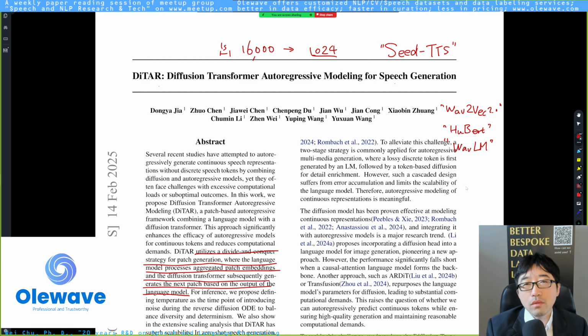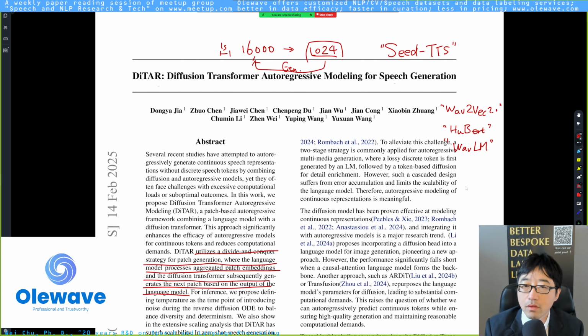There's no clear understanding of exactly what fine-grained information was thrown away, but when people try to use these tokens to go back to the speech signal during generation, they found the quality is not very impressive. This is why people want to address this challenge.